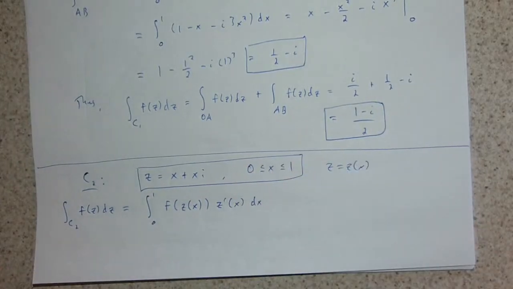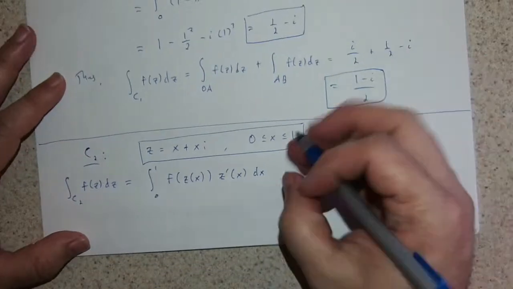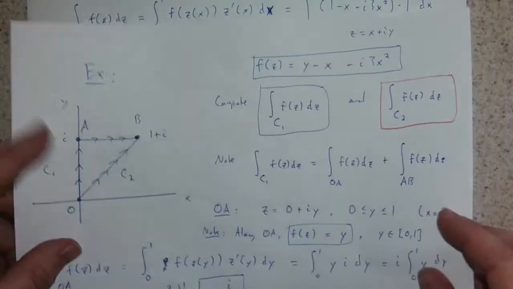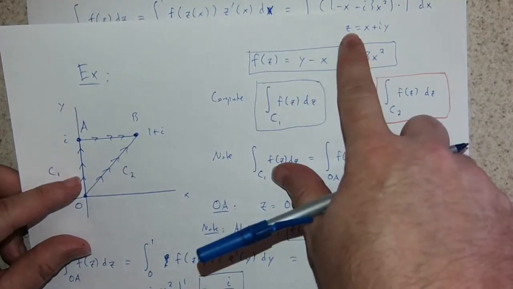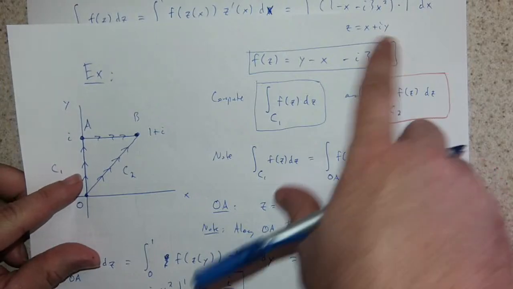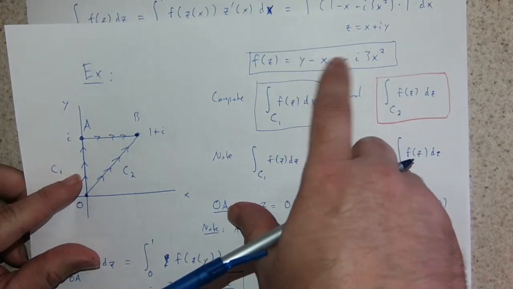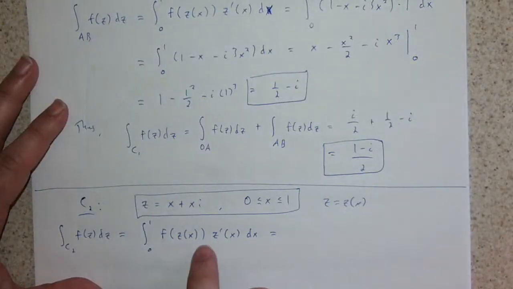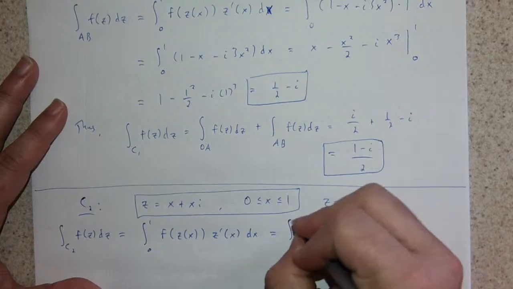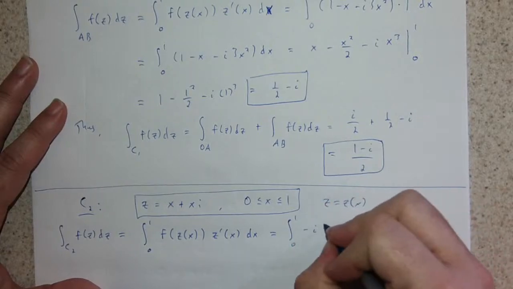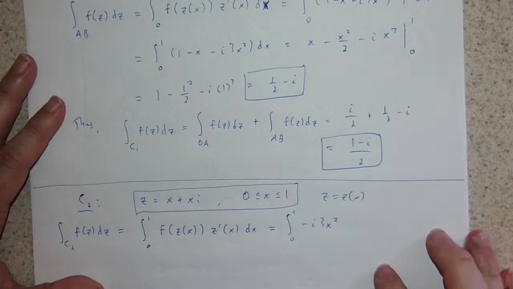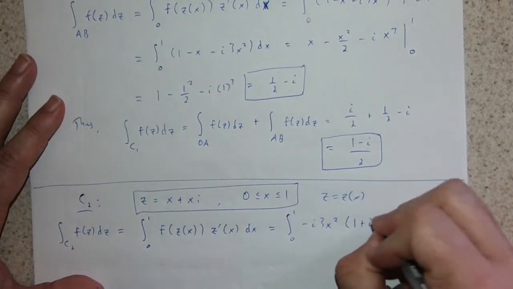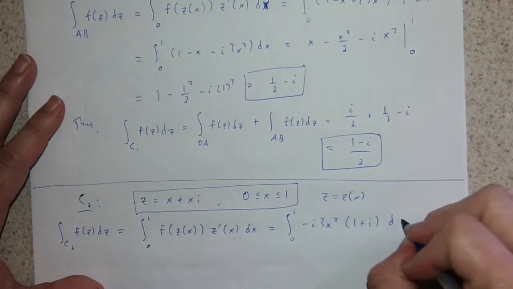And so let's recall what my f was. So f is given here. I'm plugging in z that looks like x plus ix. So this becomes x minus x, that's 0. So it's minus i 3x squared here. So f of z of x is just minus i 3x squared, and z prime of x is 1 plus i, dx.